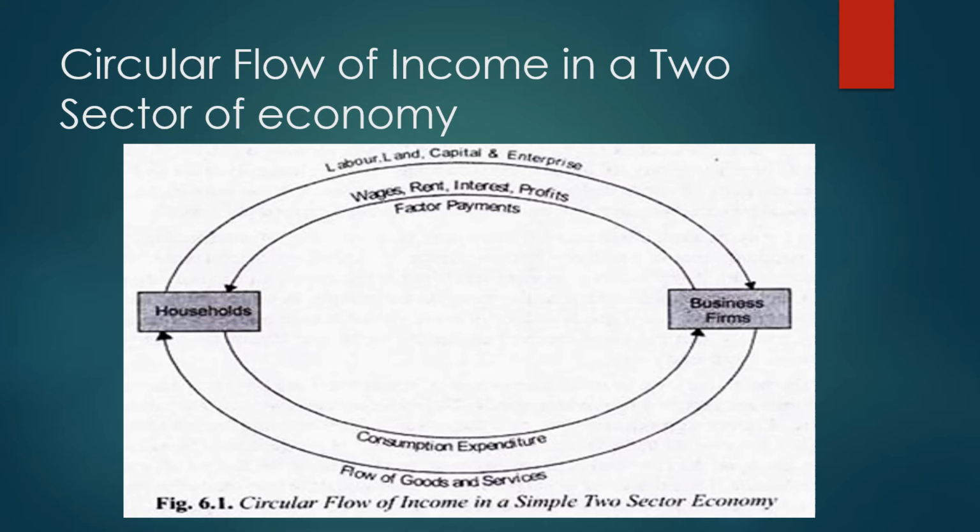So when we talk about the monetary flow, which is the lower circular line, we can see that business firms are making a payment to the household for the factor services received, and the household sector is making a payment to the business sector for the various goods and services it has received. So hence, business sector makes a payment to the household sector, which is known as factor payments. The household sector makes a payment to the business sector, which is known as payment for goods and services.